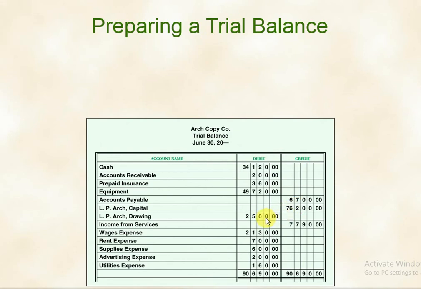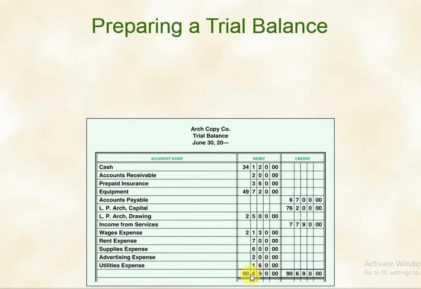Again, the drawings, which is an expense for the owner's capital, on the debit side. Then income from services, a revenue account. Revenue accounts are to be recorded on the credit side, and all expenses, look at all the expenses, the wages expense, the rent expense, the supplies expense, advertising expense, utilities expense, will be recorded on the debit side.